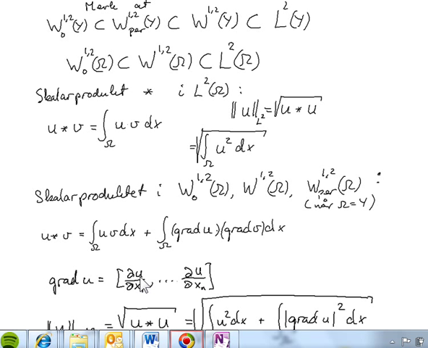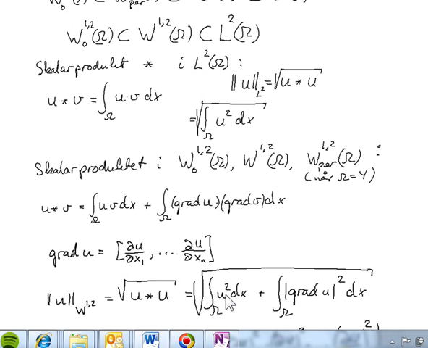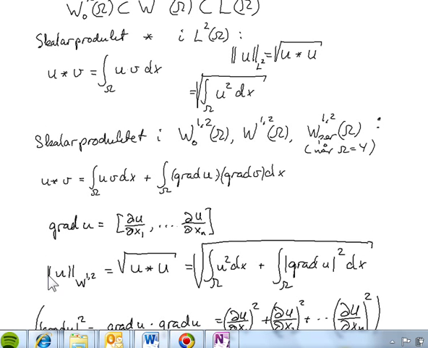It's the partial derivative of u with respect to the first variable, that's the first coordinate of this vector, the partial derivative of u with respect to the second variable x2, and so on.